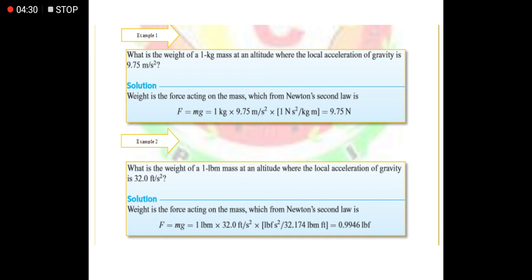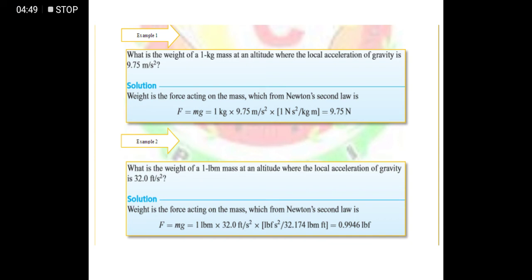Okay, for example number 2, it is the same process, but in here, instead of using international units, we are using English units.